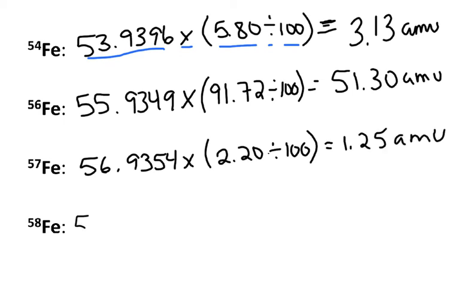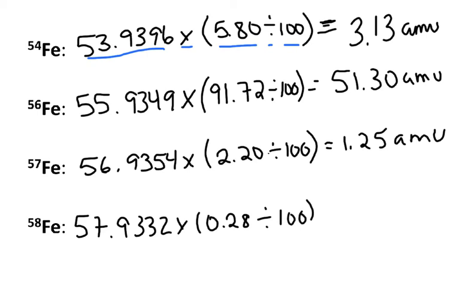And then the last one is 57.9332 times 0.28 divided by 100. It's a little teensy tiny number, and that's going to give you 0.16 AMU.